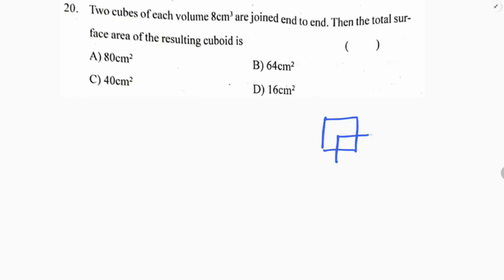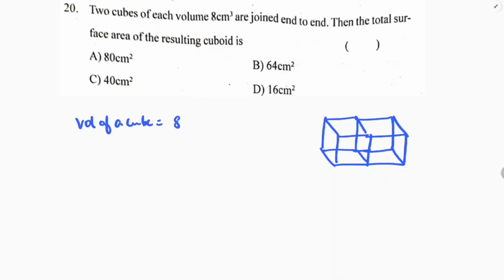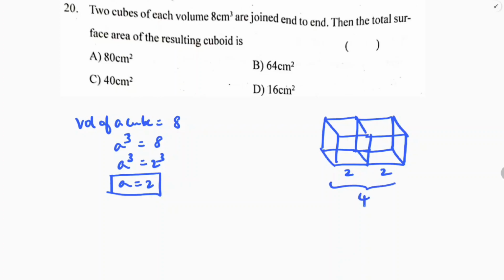When two cubes are joined, we'll get a cuboid. The volume of a cube is 8, so a cube equals 2 cube. So edge is 2. So if edge is 2, here the length will be 4, breadth will be 2, and height will be 2.